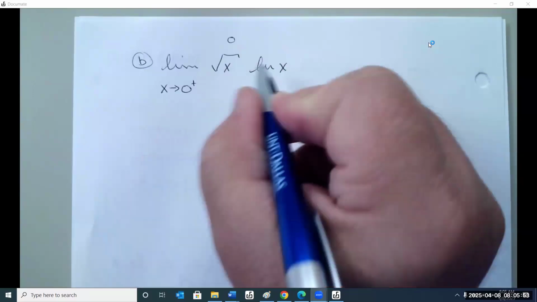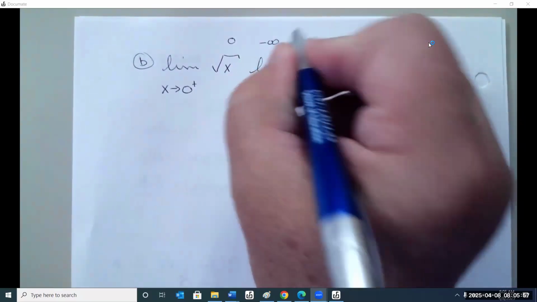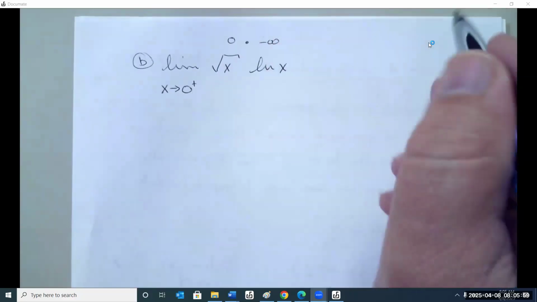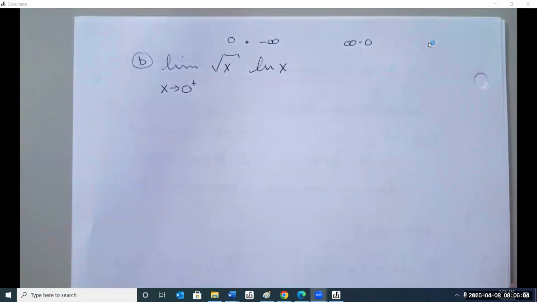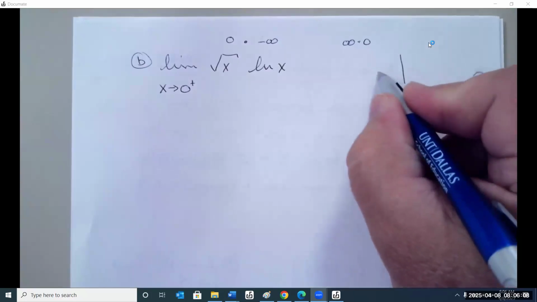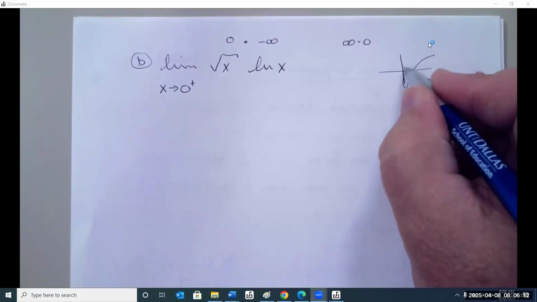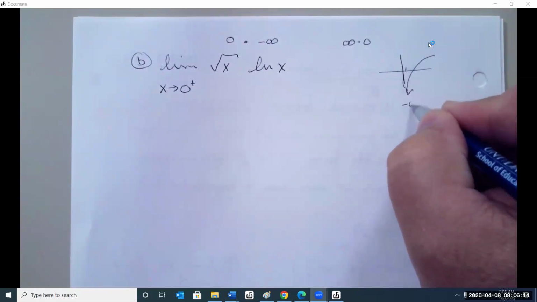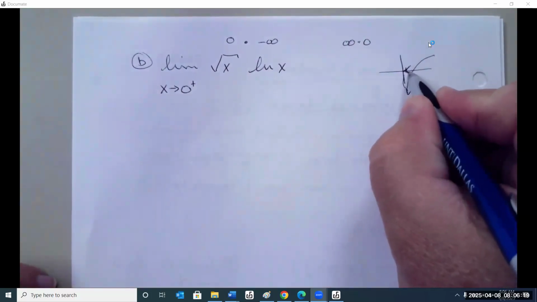As x goes to 0, ln x goes to negative infinity. So we're of the form infinity times 0. Remember, ln looks like this. So as we get closer to 0, our function goes to negative infinity.